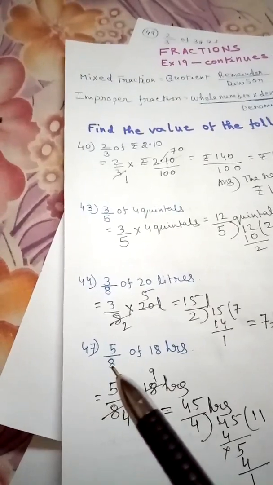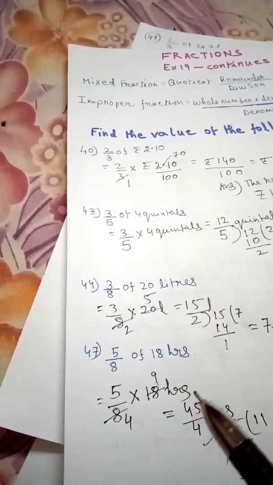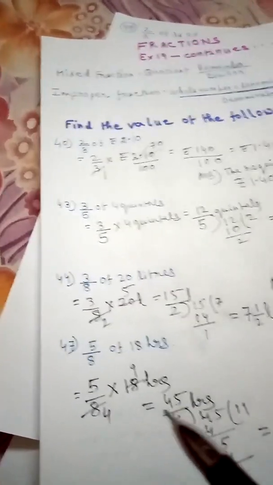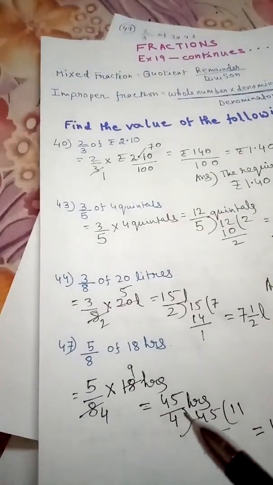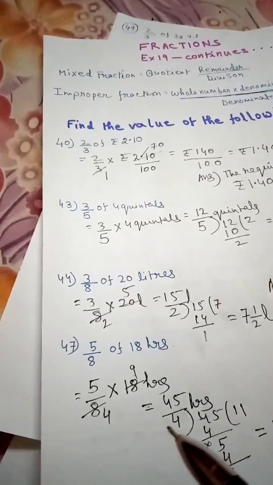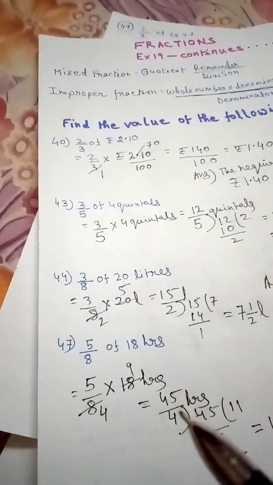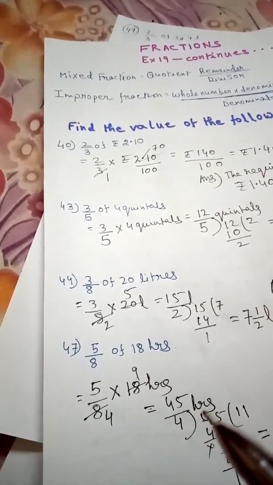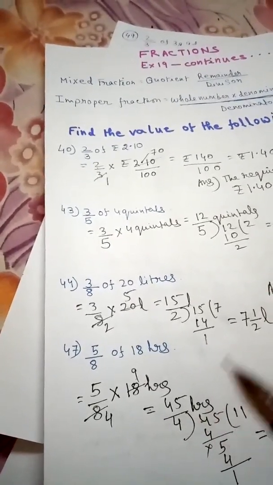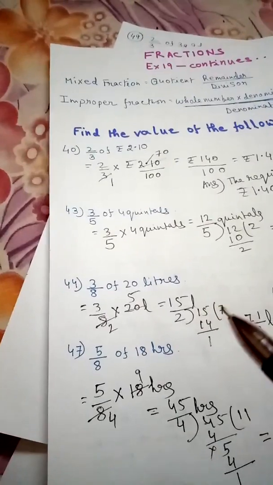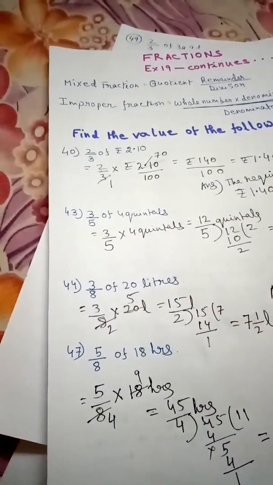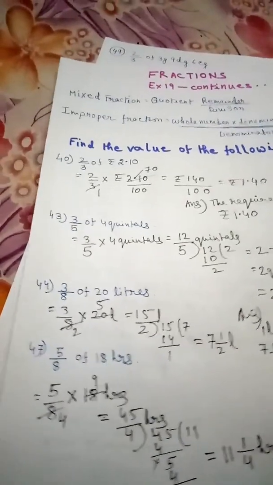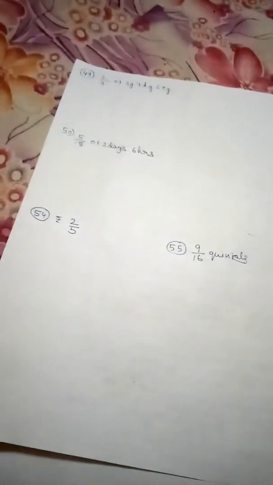Then again 47, 48, both are similar sums, so I am skipping them. So you try to do them at home by yourself, and I hope you can do. If you can understand the process, you can do the rest of the sums which I have not shown you. Okay, now move on to the next sums.